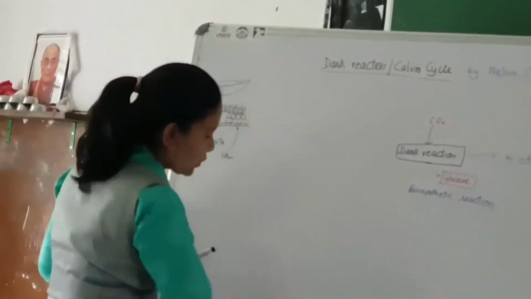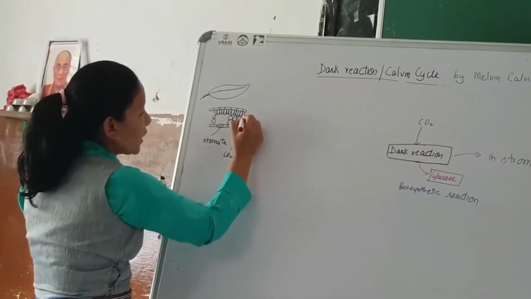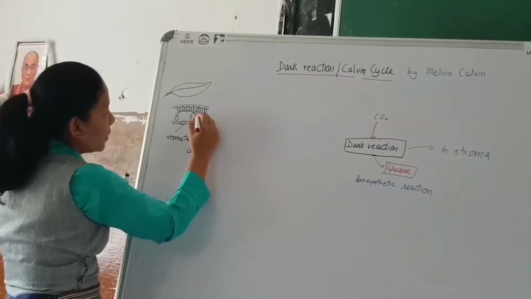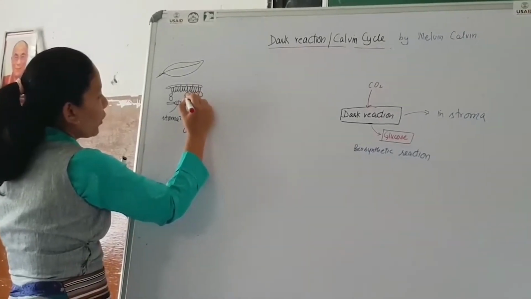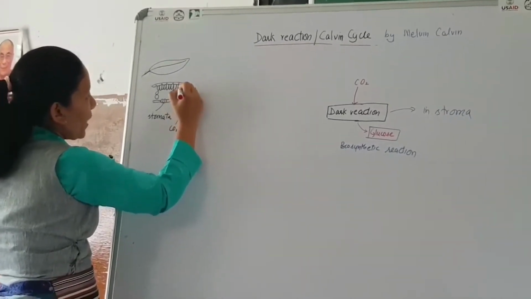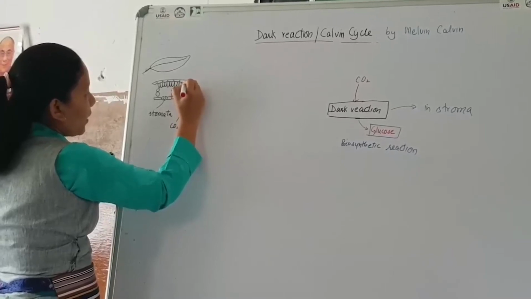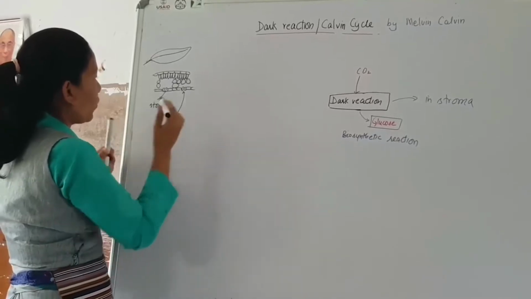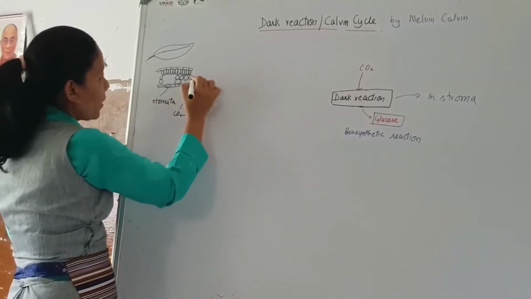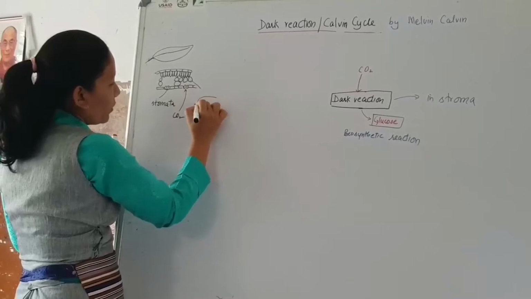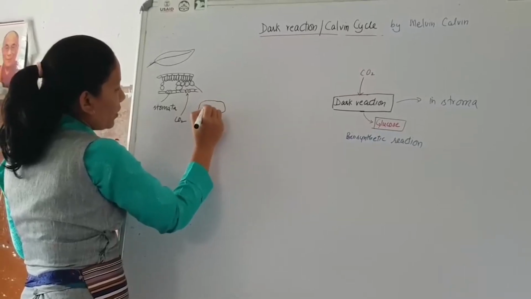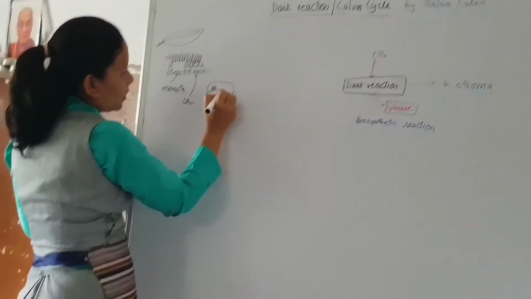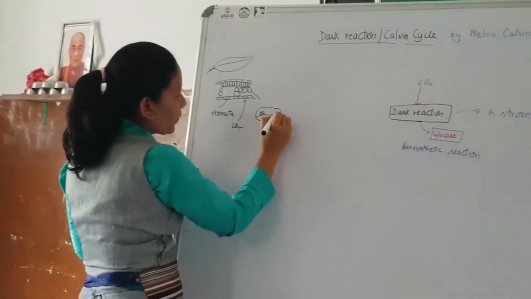All these mesophyll cells contain a green pigment containing organelle called chloroplast, and inside the chloroplast, you can take one chloroplast out, and there is the thylakoid membrane where the light reaction took place.